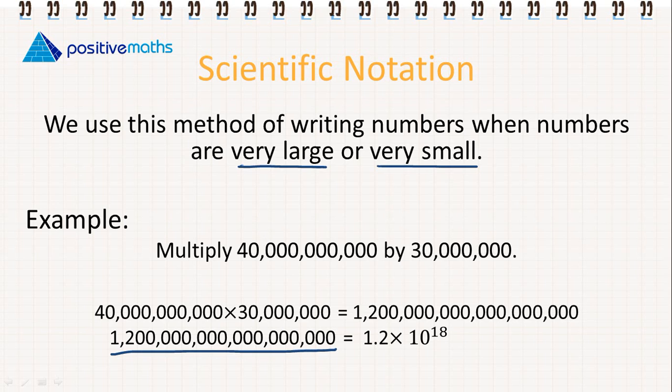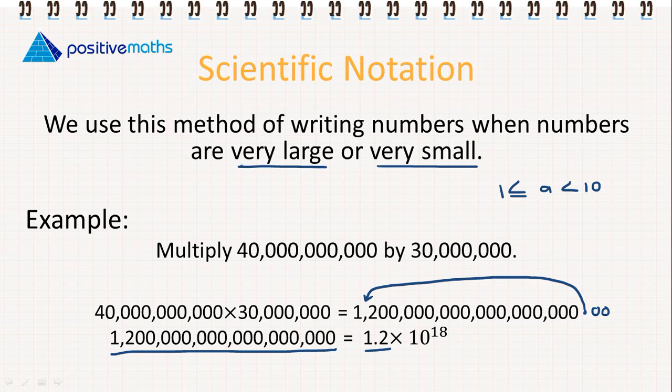We need to find a. Again, we know that a has to be in between 1 and 10. So what we're really doing is starting at the end of the number with the decimal place, and moving it back in order to form a number that is in between 1 and 10.